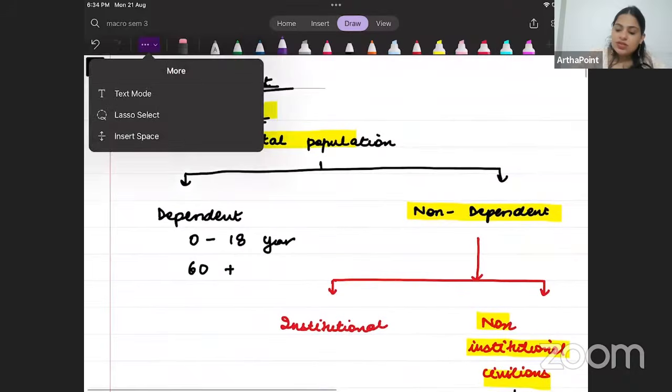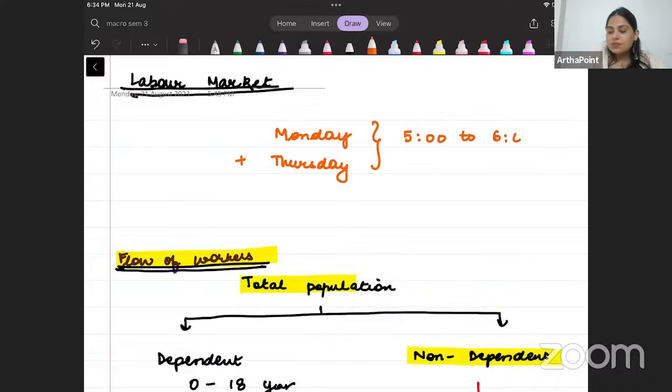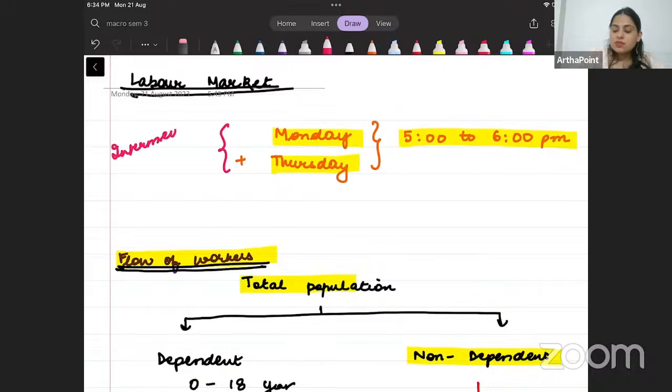So this is going to be, you will get the recorded sessions in case you are not able to attend the classes, but we are going to go ahead and we are going to do it every Monday and every Thursday from 5 to 6 p.m. Today we started half an hour late, but we will be doing every Monday and Thursday from 5 p.m. to 6 p.m. That is when I will be doing intermediate macroeconomics.